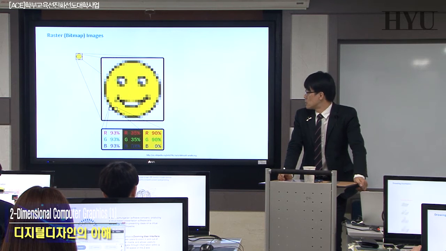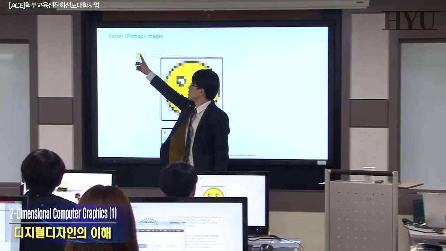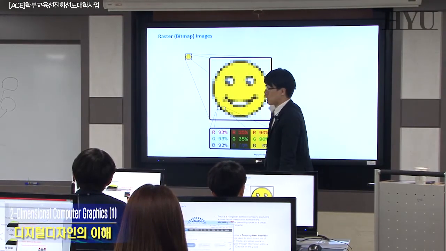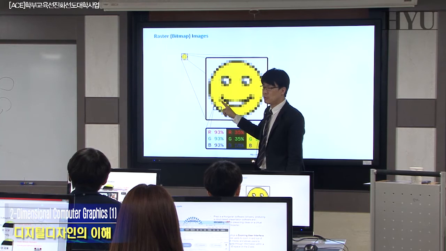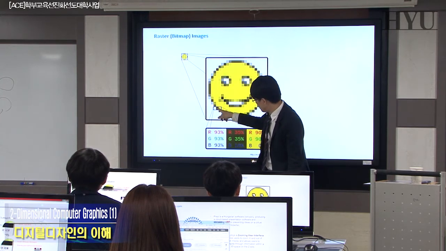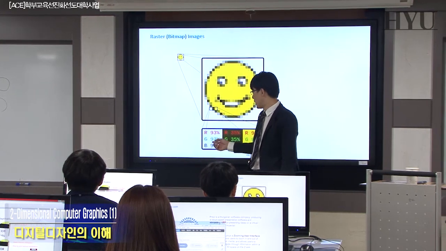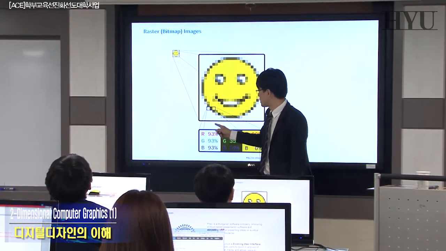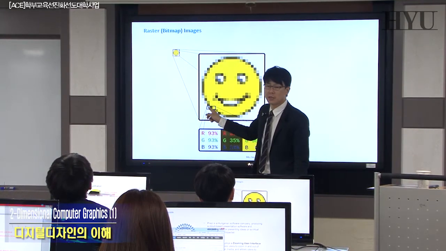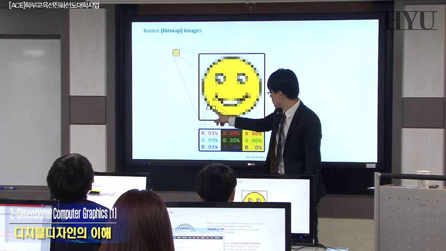So raster images define, okay, here is a smiley face image, magnified, and 3 points. 3 points means 3 pixels. The first pixel has red 93%, green 93%, blue 93%. This one generates something like a light gray color. How about this one?